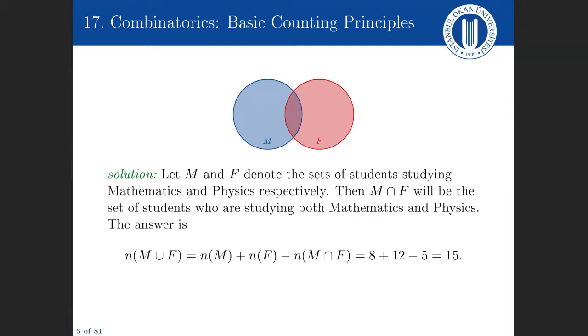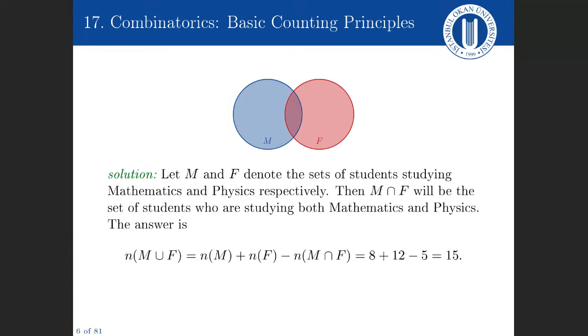Let's let M and F denote the sets of students who are studying mathematics and physics. Then the picture looks like this. There is some overlap between the set M and the set F because some of the students are studying both maths and physics.